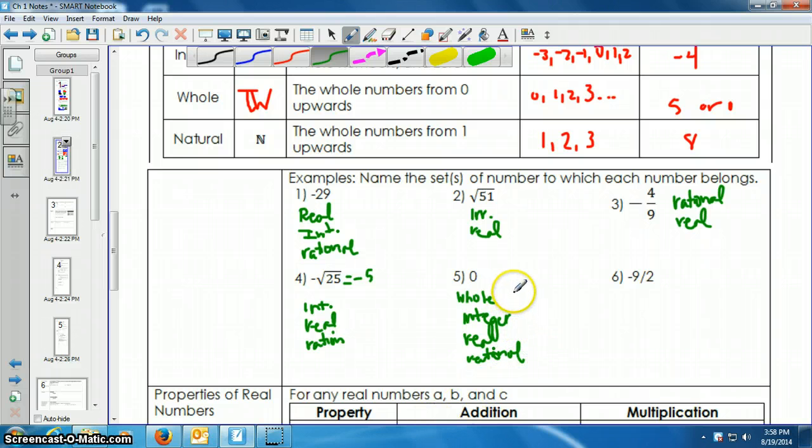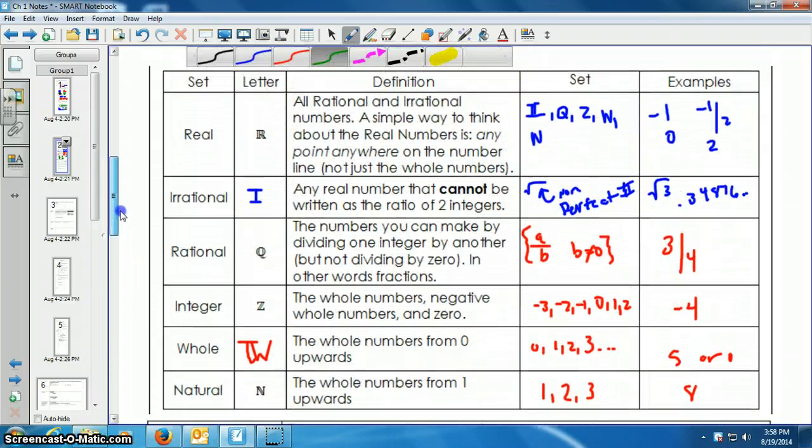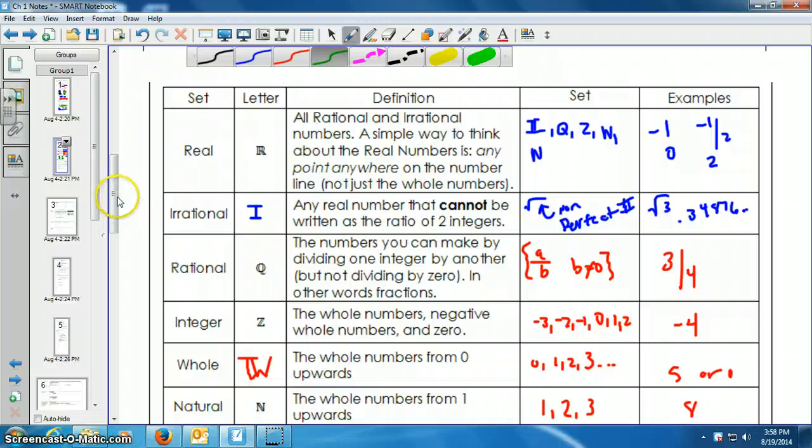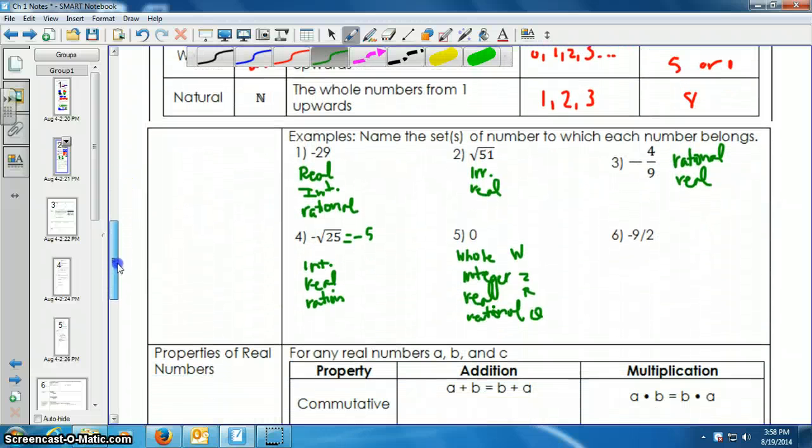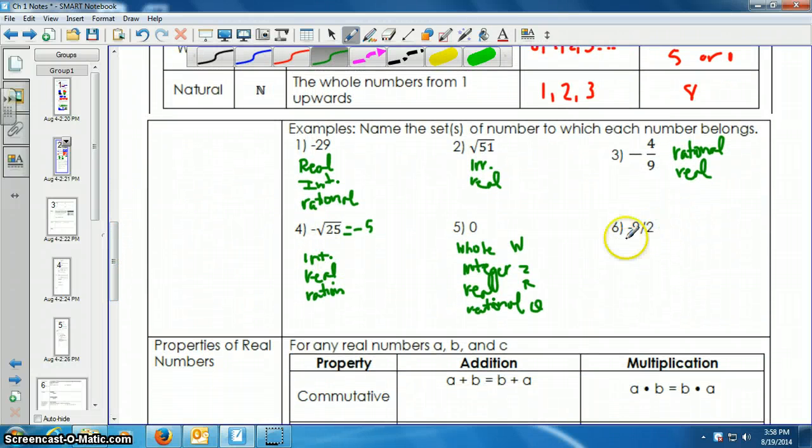And if you wanted to, you could have W, Z, R, and Q if you just wanted to use the letters that we had that represent that set. That's fine too. 9/2 cannot be simplified to a whole number, so it is just rational and real because it would be negative 4.5. That decimal does stop.